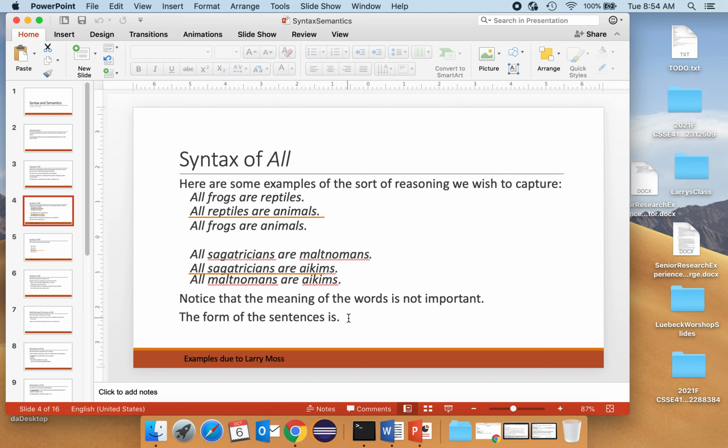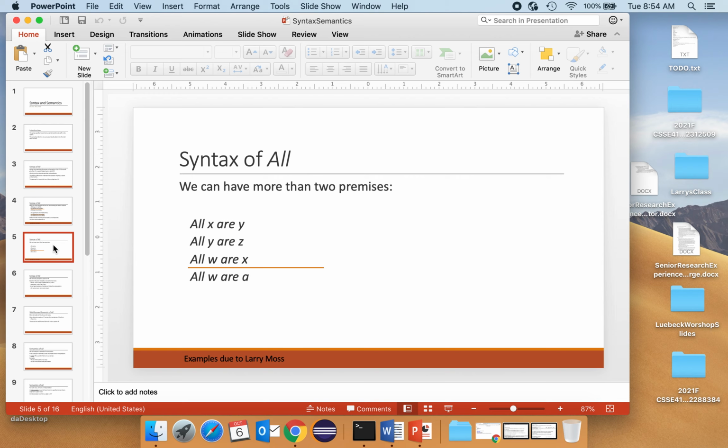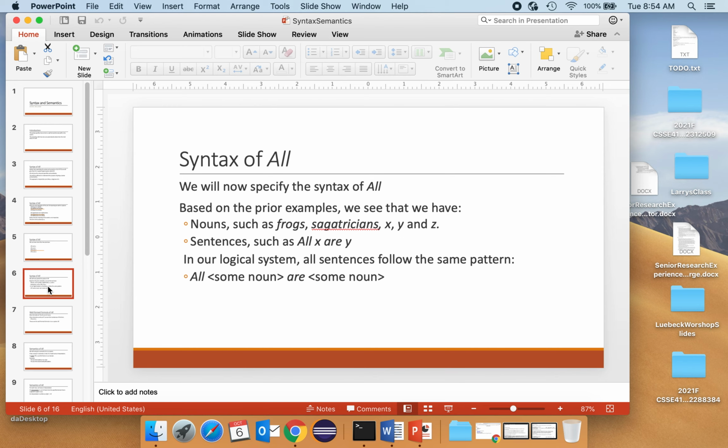And that's really handy for us, right? Because we know that computers do not understand the meaning. They simply operate on form. We can have more than two premises: all x are y, all y are z, all w are x. So we should be able to infer that all w are z.